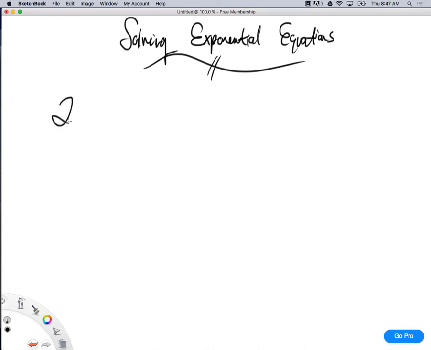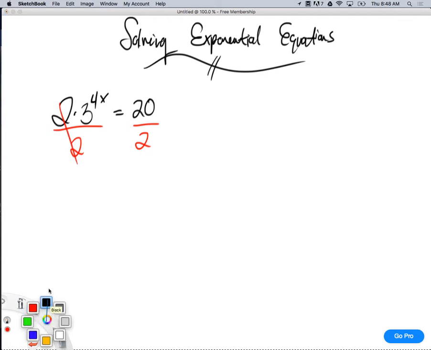Get right into it. 2 times 3 to the 4x equals 20. Okay? So I've got to solve for x. In order to solve for x, I first have to isolate my exponential. So I end up with 3 to the 4x equals 10.